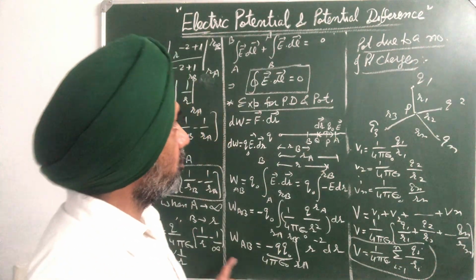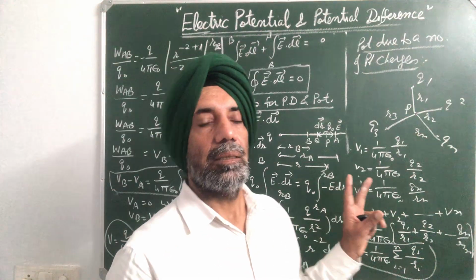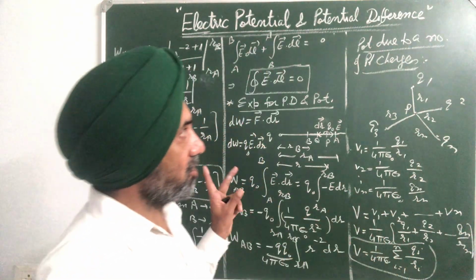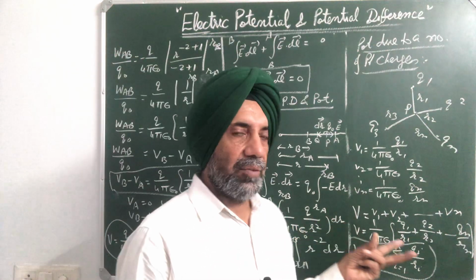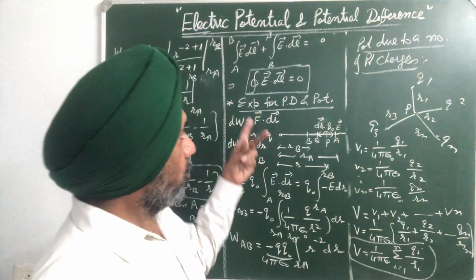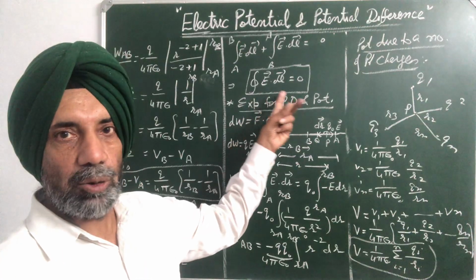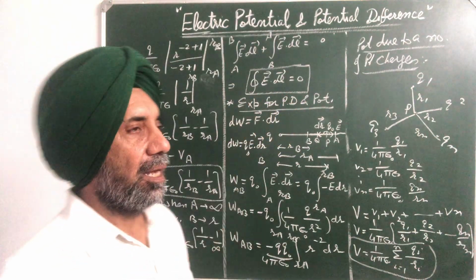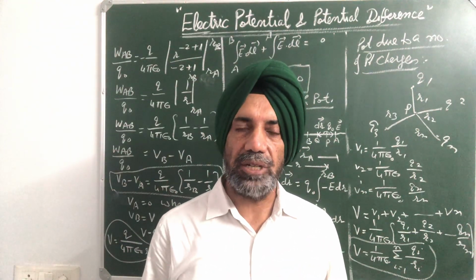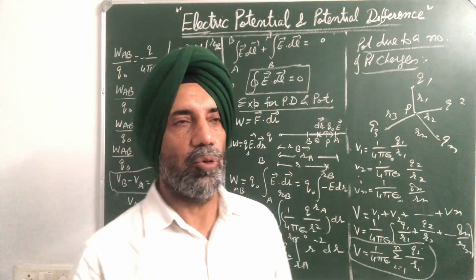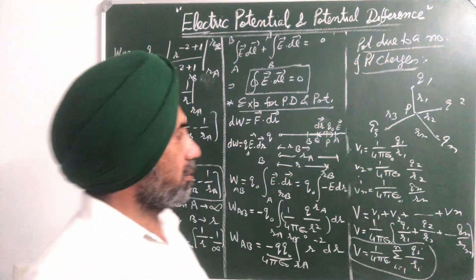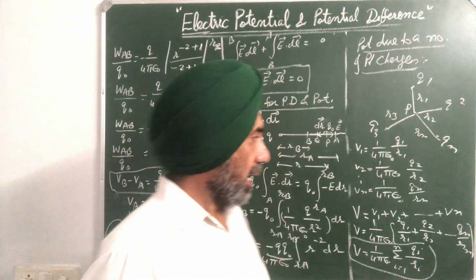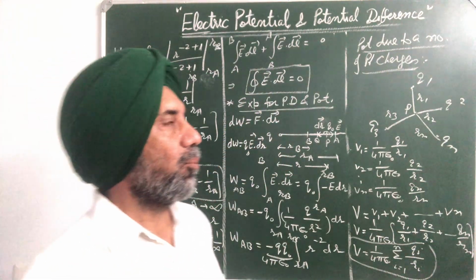So this is all about electric potential and potential difference, the definitions of both. Then we have calculated the line integral of electric field over a closed path, which proves that electric field as well as electrostatic force is a conservative force. And number 2, we have derived the expression for potential difference between 2 points and electric potential at a point.